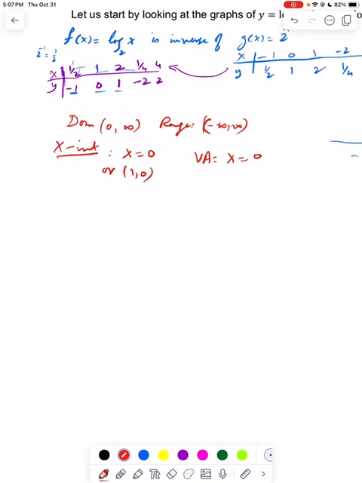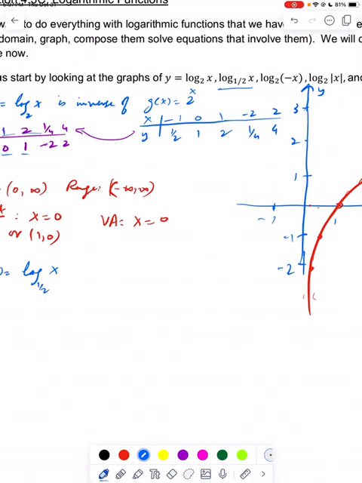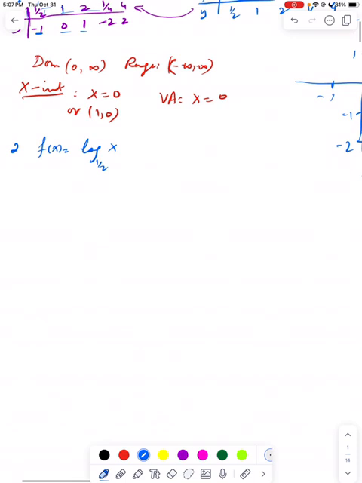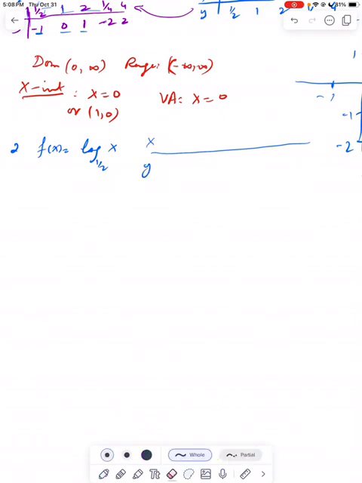The next example is asking us to graph log of x base 1/2. So remember, these graphs we are graphing by taking points, because these are not transformations, these are the basic functions.